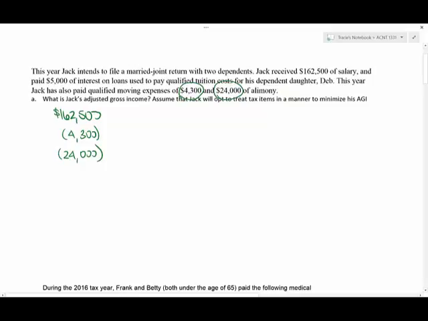Okay, then now I'm going to be allowed to take a deduction for this $5,000 of student interest on a student loan, even though it's for his daughter, and that's because his daughter is a qualified dependent of his. Although he paid $5,000, he's only going to be able to take a maximum of $2,500.